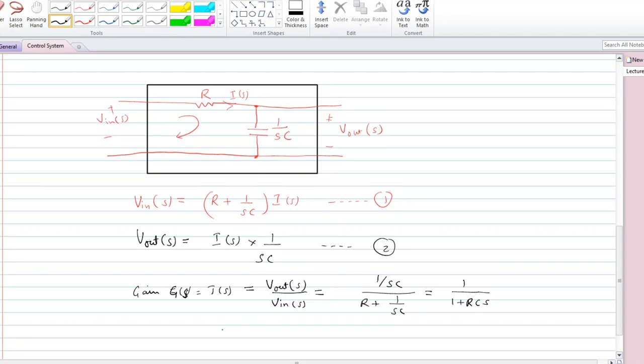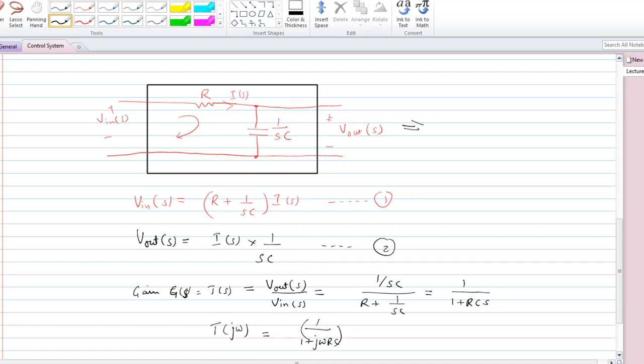And if we write it in this form, then you can also replace s by j omega, and then this will become 1 divided by 1 plus j omega RC, and this is the transfer function of this system.